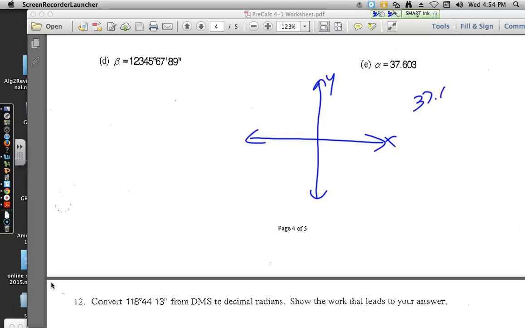So if we have 37.603 and we want to know how many times that is going around, we could divide that by 2 pi. And that gives us 5.984703. So that means we will go around 5 revolutions.